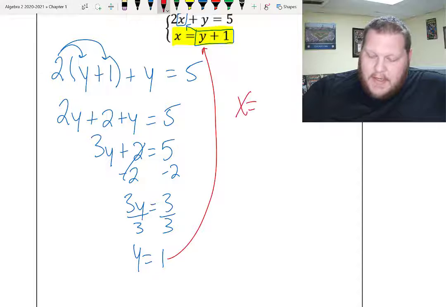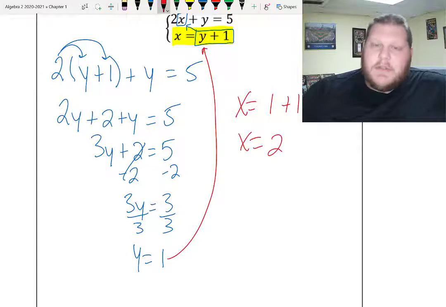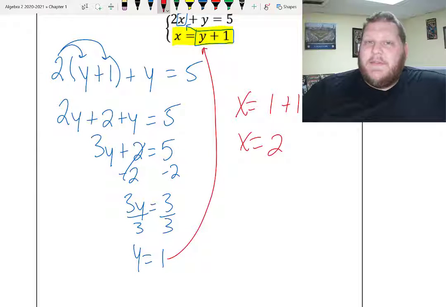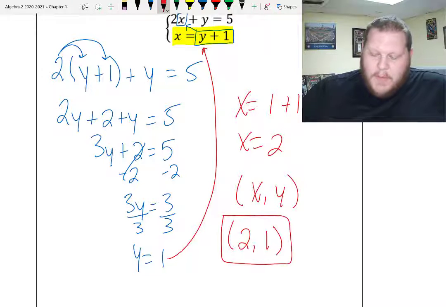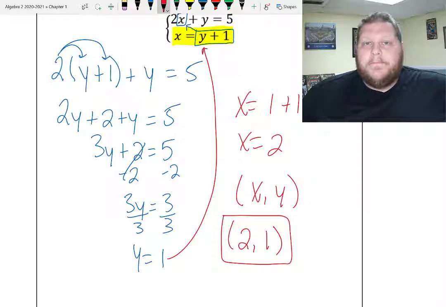So I know that then x equals 1 plus 1, so my x value is 2. With systems of equations, you just have to make sure your answer is an ordered pair, in this case, since there's two solutions, x comma y, or in this case, specifically 2 comma 1 would be my solution, number 1. So that's substitution.